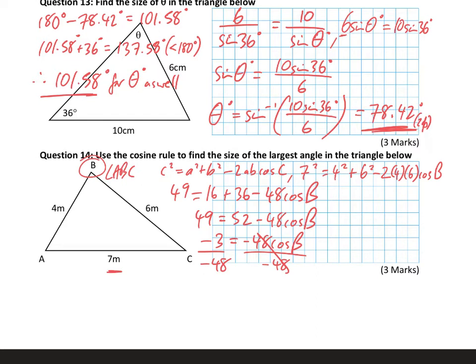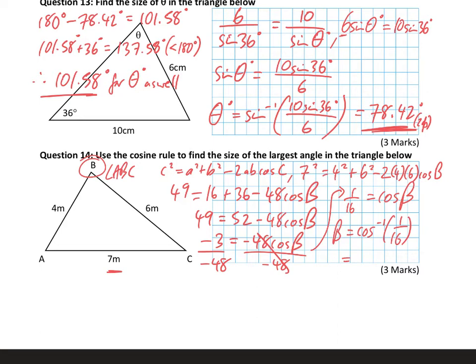Running out of space. Let's do it up here. You're going to have 3 on 48. Is 48 divisible by 3? Yeah, it's 1 on 16. 1 on 16 is equal to cos B. I can't divide by cos, so B is equal to cos negative 1 of 1 on 16.